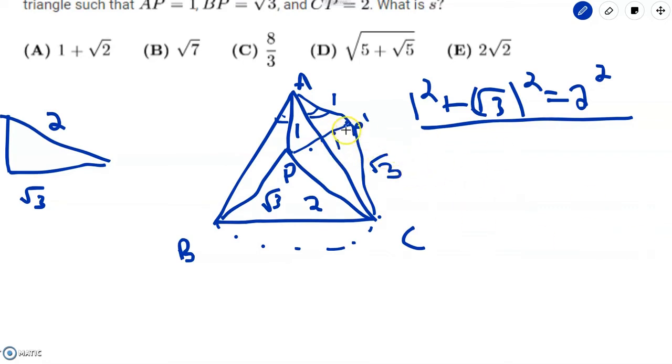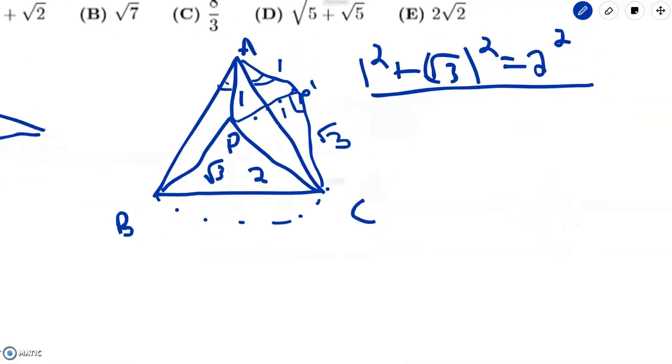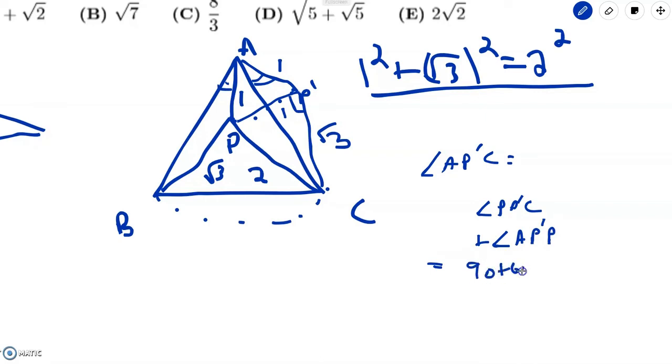So that means PP prime C is a right angle. And that means the angle AP prime C is equal to 90 plus the angle AP prime P. So angle AP prime C is equal to angle PP prime C plus angle AP prime P, and that's equal to 90 plus 60, which is 150, since AP prime P is an equilateral triangle.